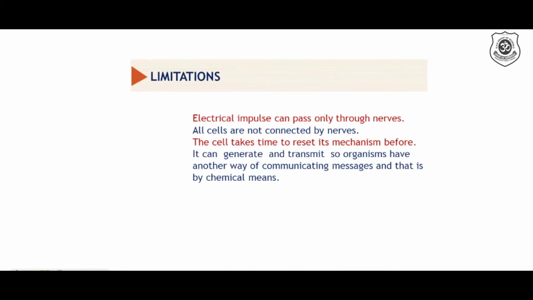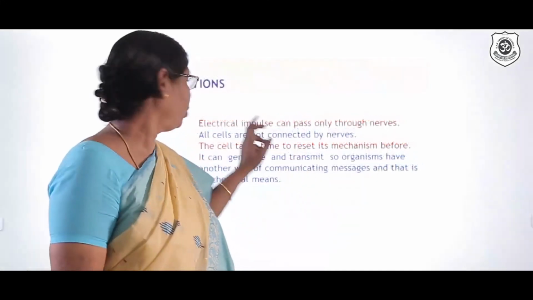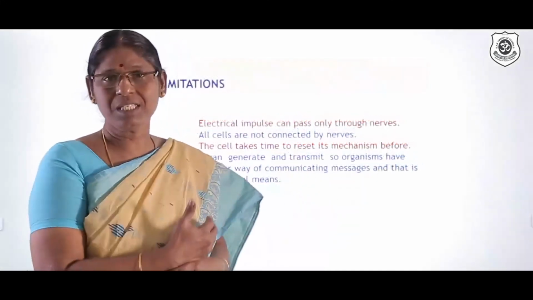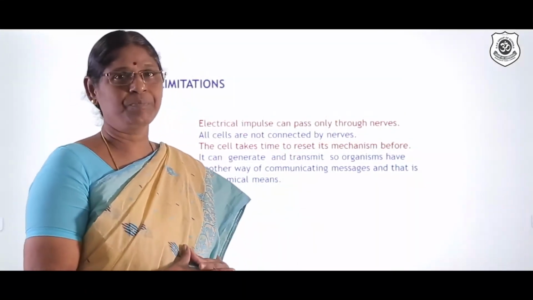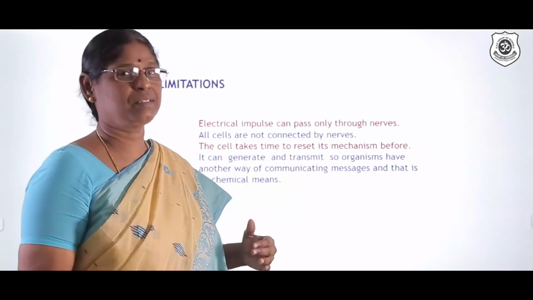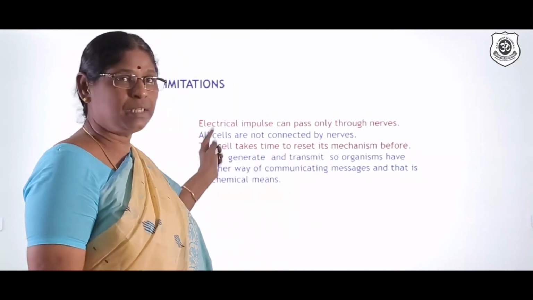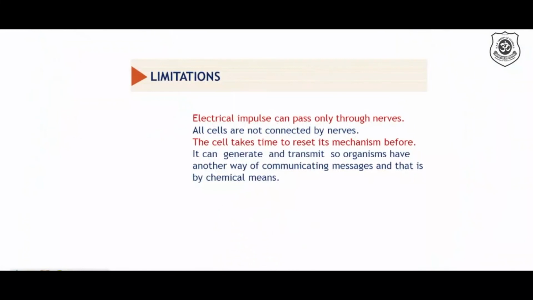Limitations of electrical impulse. Electrical impulse can pass only through nerves. So if the impulse has to be passed through electrical means, there must be nerves. Only through nerves it can pass in that manner. And in our body, all the cells are not connected by nerves. The cell takes time to reset its mechanism before it can generate and transmit.